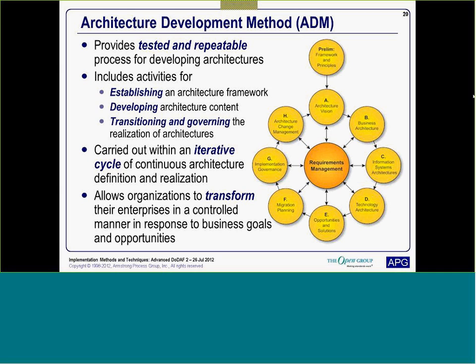But at a high level, the ADM, one of the signature components of TOGAF, provides a set of best practices for describing how to initially establish an enterprise architecture capability, create a vision of where an organization wants to go with respect to its business strategy and target architecture, describing those baseline and target architectures through the activities done in phases B, C, and D, looking at the opportunities for aligning with what's going on in our market and what we need to deliver to achieve our mission, as well as exploiting the investments we've already made.